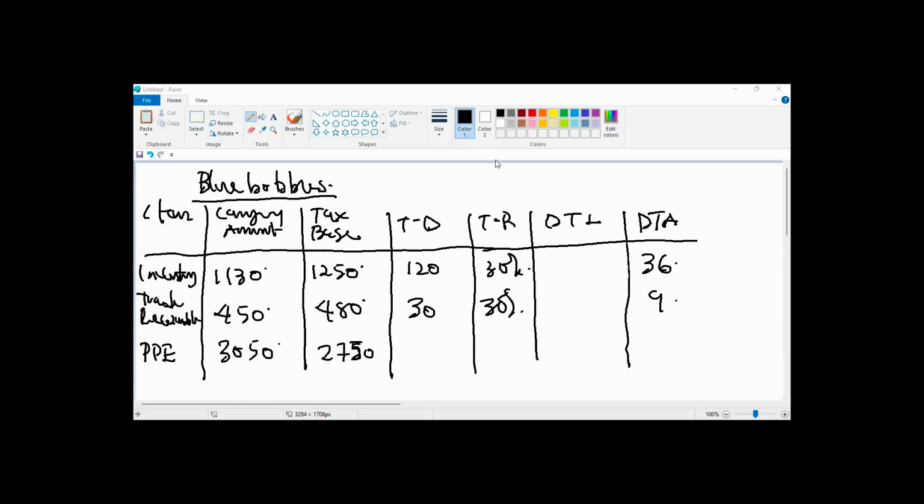Has it created a temporary difference? Yes, it has. What is the temporary difference? 300. Is it a deferred tax asset or a deferred tax liability?